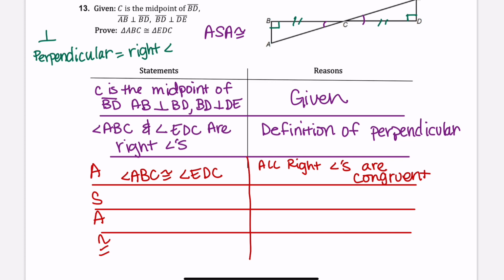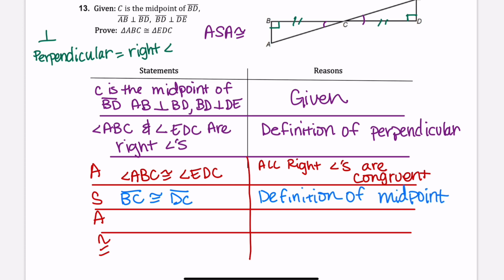Our side, we know that C is the midpoint of BD, and so BC has to be congruent to DC. And notice if you're unsure the order, look at your congruent statement. BC and DC go together. And the reason for that is the definition of midpoint.